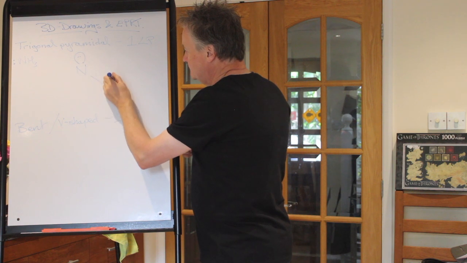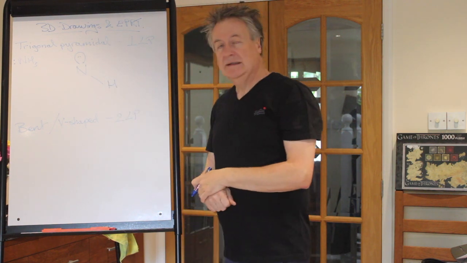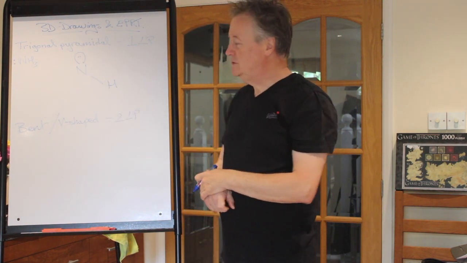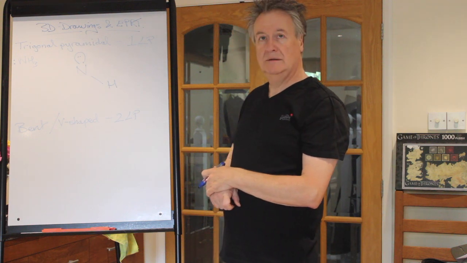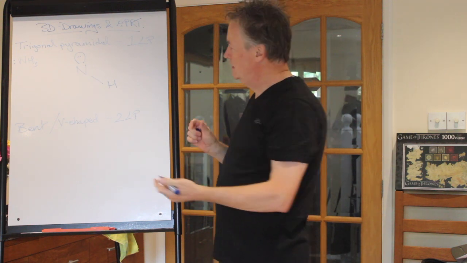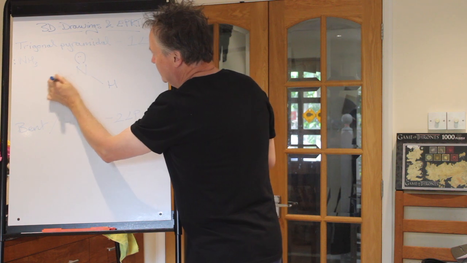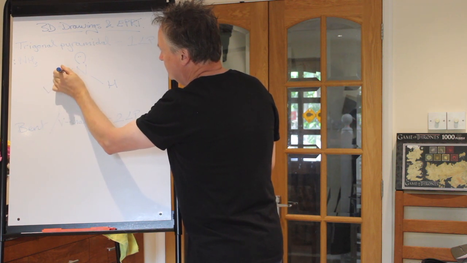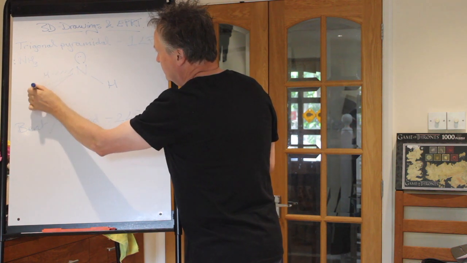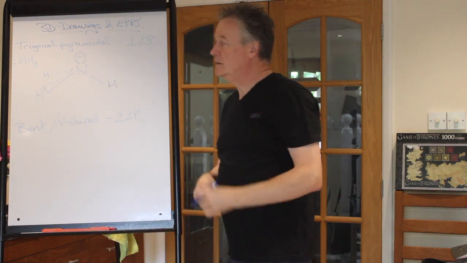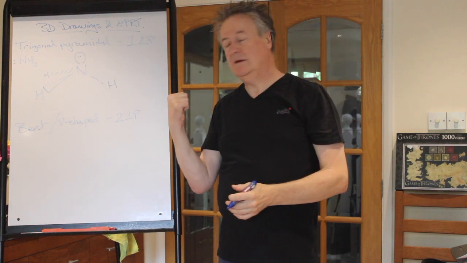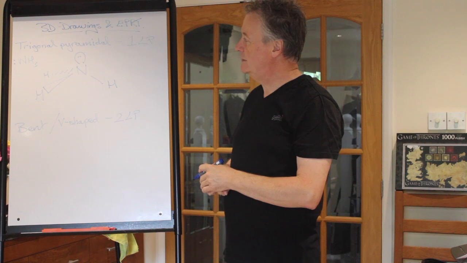So then 1 bond to a hydrogen in the plane. That then means that to complete the drawing, you would have 1 out, 1 behind, and therefore you have that.